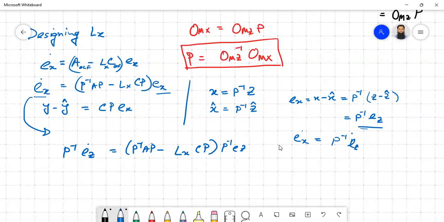Now we can take P inverse to the other side. So EZ dot will be P inverse AP, and this one will also be multiplied. So P inverse minus P inverse CP, P inverse EZ can be common.